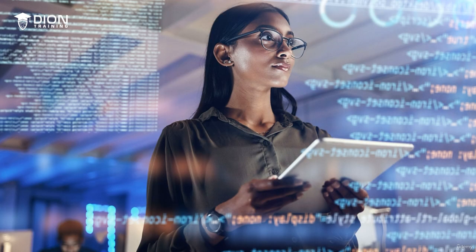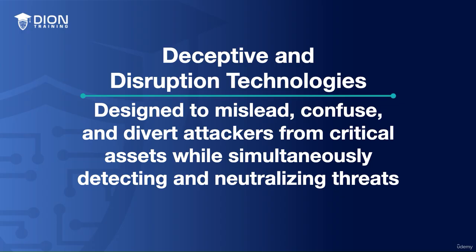But how can cybersecurity researchers and professionals learn the different tactics, techniques, and procedures used by each different type of threat actor? That is where deception and disruption technologies get implemented within our enterprise networks. Deception and disruption technologies are designed to mislead, confuse, and divert attackers away from critical assets while simultaneously detecting and neutralizing threats.